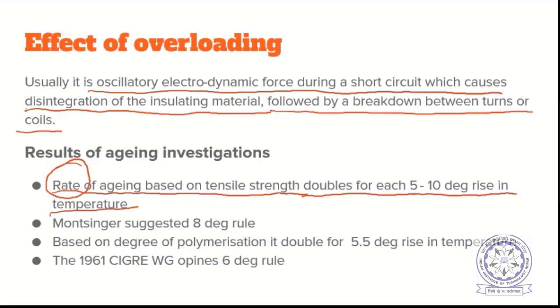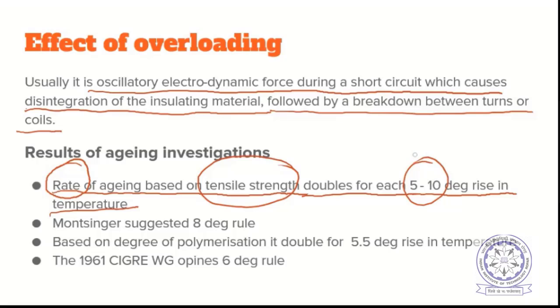Rate of aging doubles for every 5 to 10 degree centigrade rise. Within 5 to 10, the particular temperature you have to understand based on tensile strength. For different materials, of course, even within a material, for example paper, different manufacturers will have different papers, so each will have different aging characteristics.